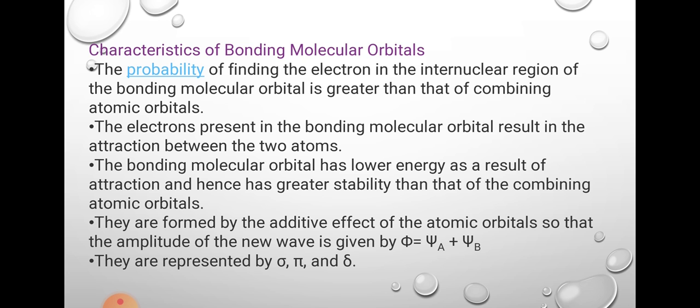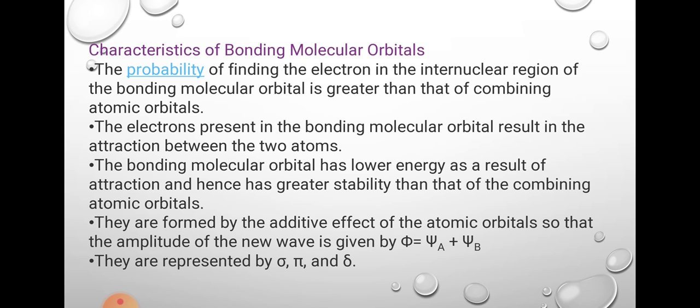That's why for the formation of a bond, electrons must be present in the bonding molecular orbital. Greater the number of bonding molecular orbitals, stronger the bond will be. The bonding molecular orbital has lower energy as a result of attraction and hence has greater stability than that of the combining atomic orbitals.